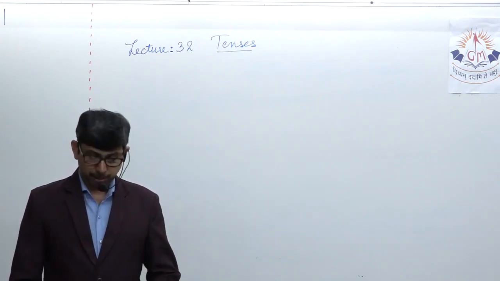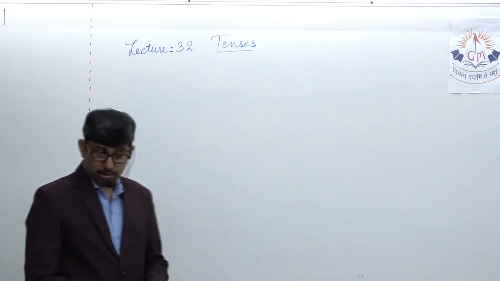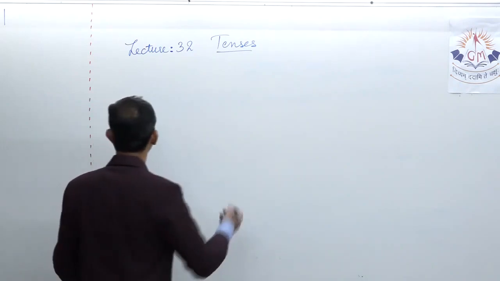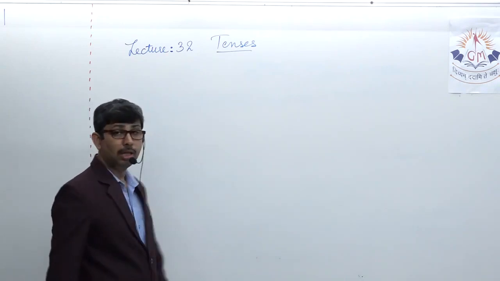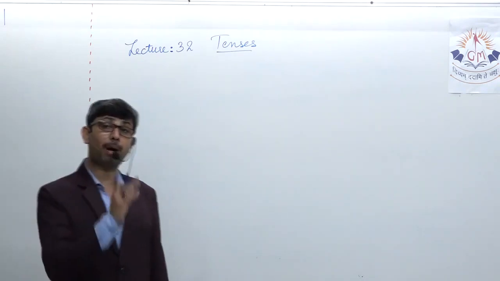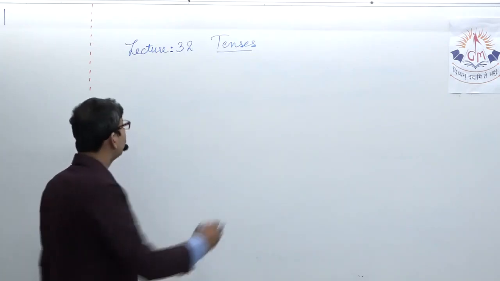Let's understand the simple past. What is it used for? In the first place, the simple past is used to express an action that has taken place in the past or in the earlier time. Let me put this on the board.